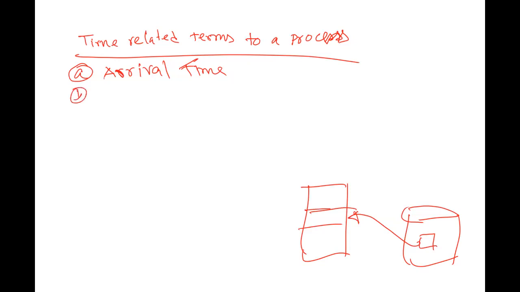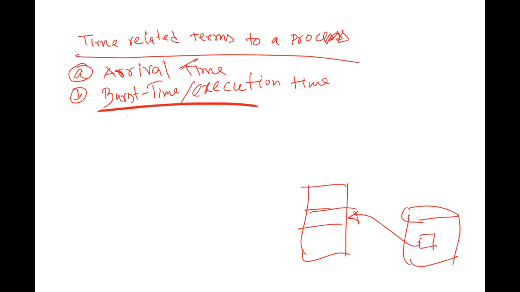Another term is called the burst time or execution time. Burst time or execution time is the same thing. It is the total time needed to execute this process by the CPU.